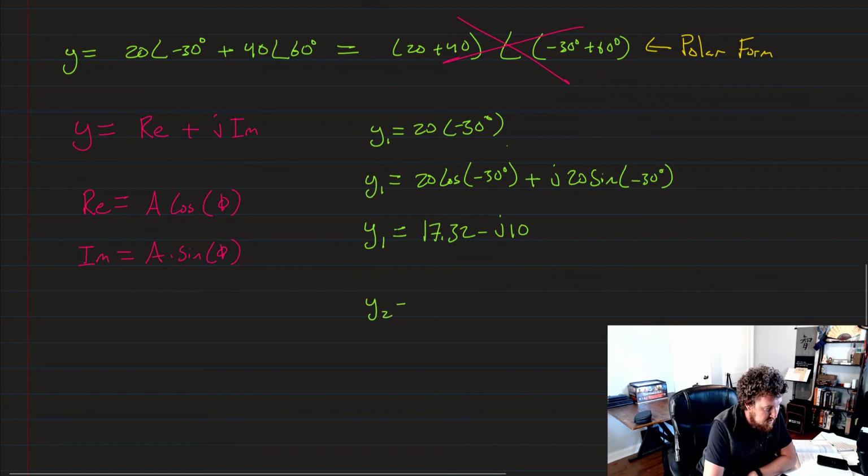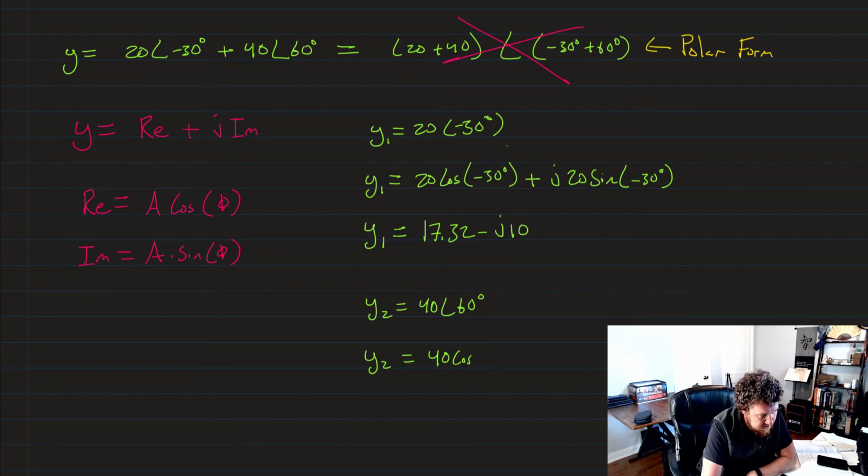y2 is given to us as 40 at an angle of 60 degrees, which means in rectangular form it's going to be 40 cosine of 60 degrees plus j times 40 sine of 60 degrees.